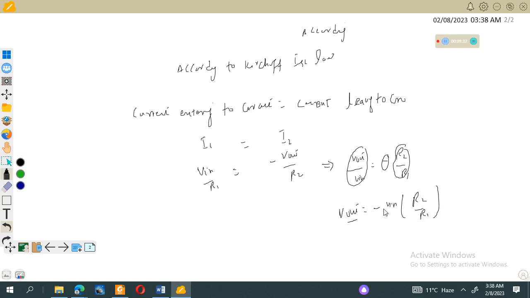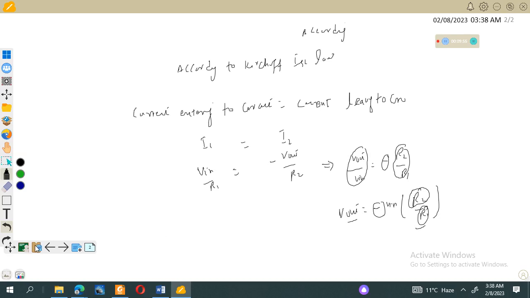Our output will be amplified if we keep a higher resistance R2 and a lower resistance R1. So our output will be amplified, and this negative sign shows that it will be inverted as well.